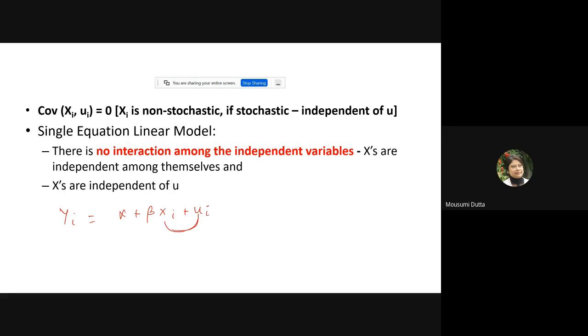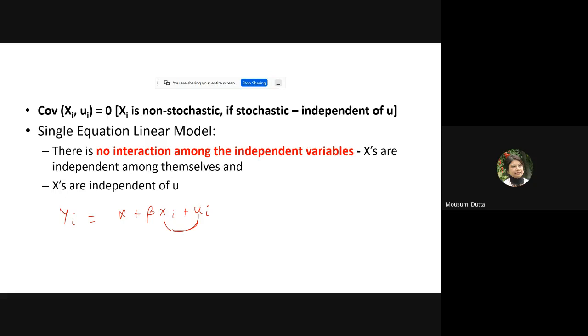So if the nature of the two variables are totally different, in that case, their covariance will definitely be equal to 0. However, this is only a sufficient condition. That is, non-stochasticity of xi is a sufficient condition to ensure covariance between xi and ui is equal to 0.